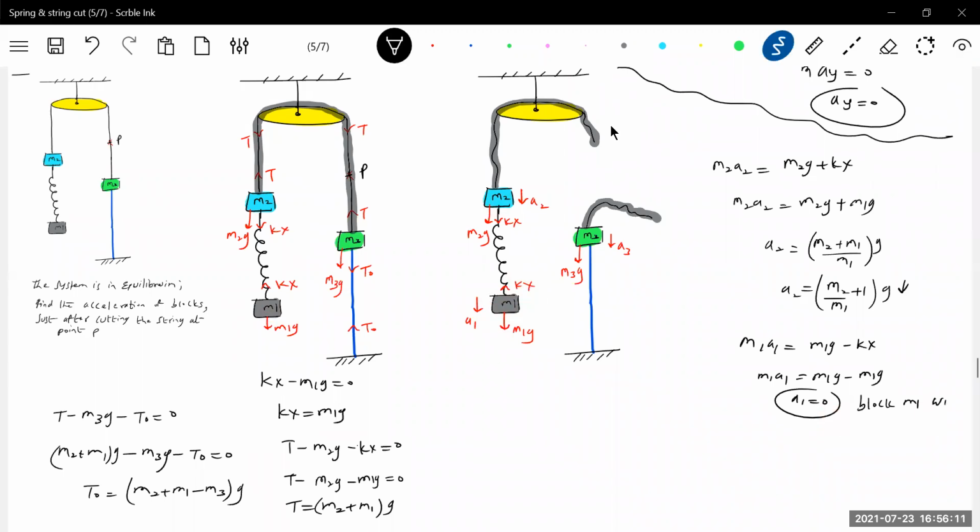Block M1 will be at rest. What about M2? Block M2 moves down. What about M3? Shall we show any tension in that blue color string?